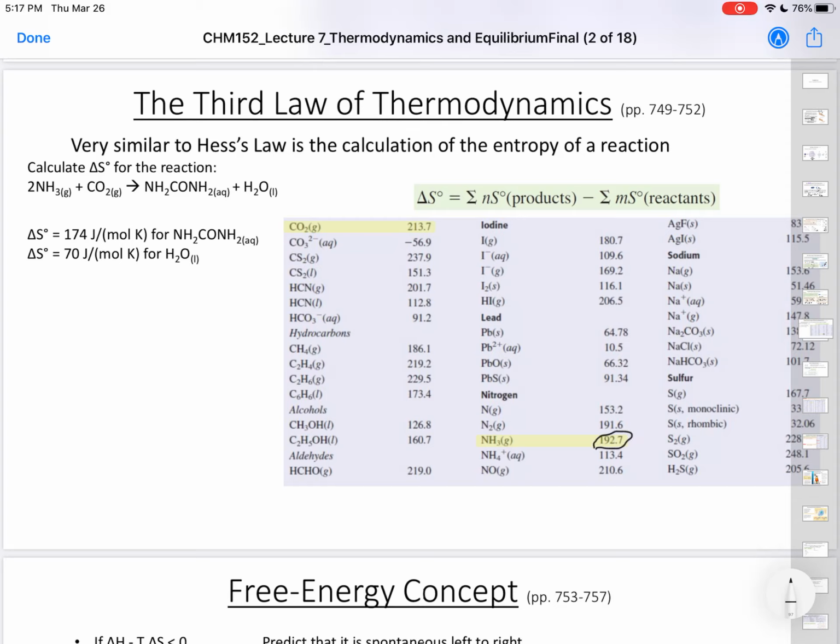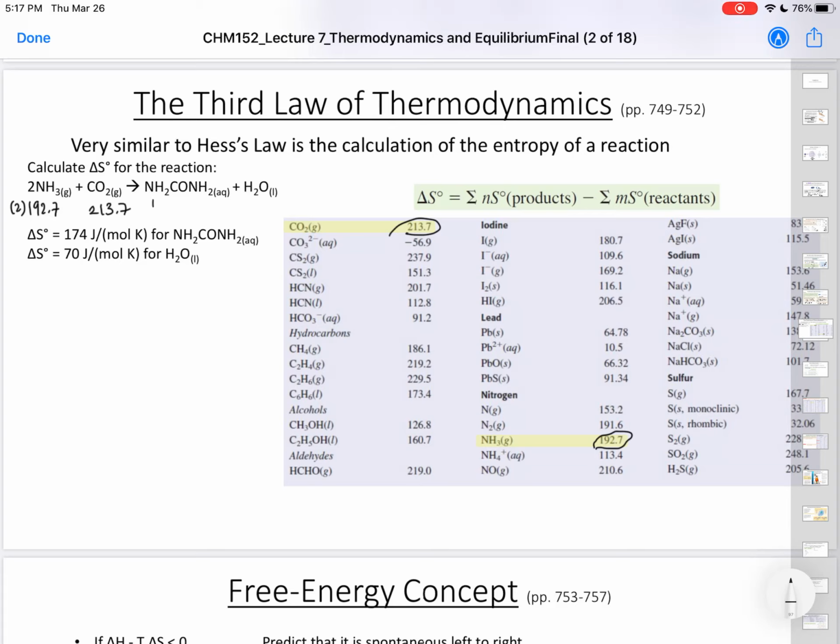We're looking for NH3, that's right here, 192.7. So we're going to say 2 times 192.7. Carbon dioxide is the first one. Again, there is a stoichiometric value of 1, so we're not going to bring that down.